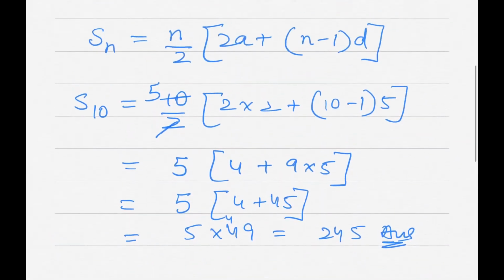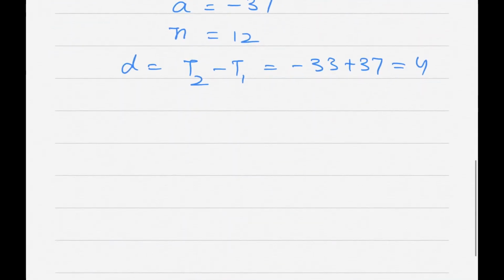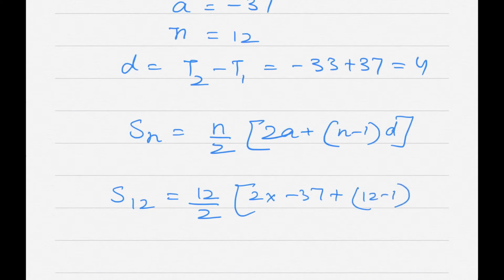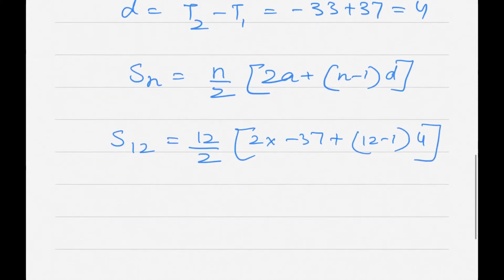Okay, again I have to write down the formula as before, right? So my sum of n terms is equal to n by 2 [2a plus (n minus 1) into d]. Okay, so sum of 12 terms will be equal to 12 by 2 [2 into minus 37 plus (12 minus 1), and d is 4]. Okay, so this becomes 6 here, and this becomes minus 74 plus 11 into 4.